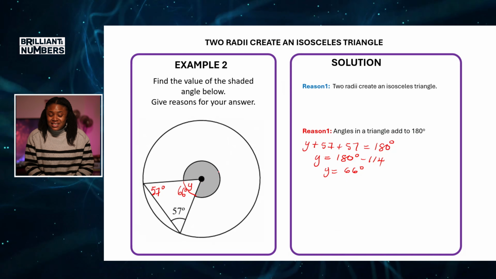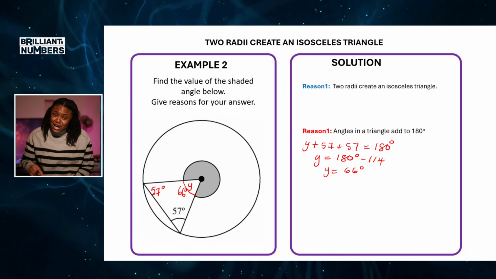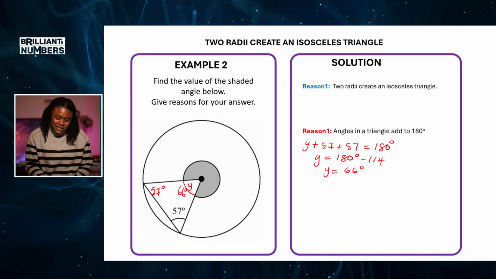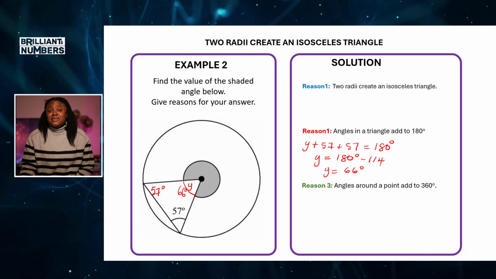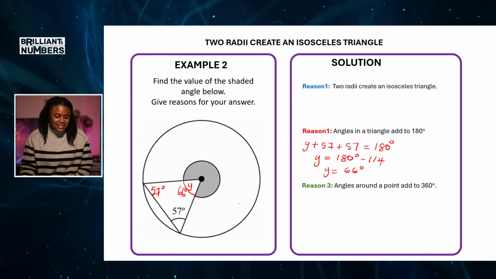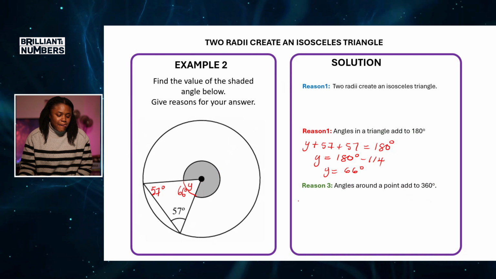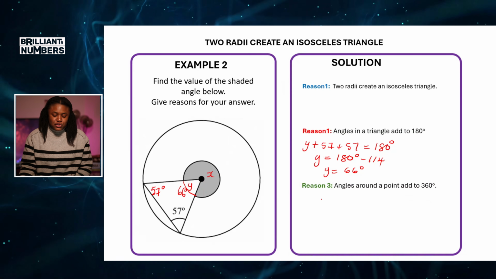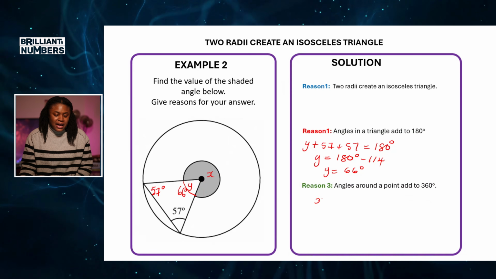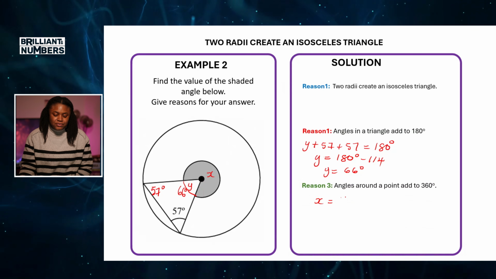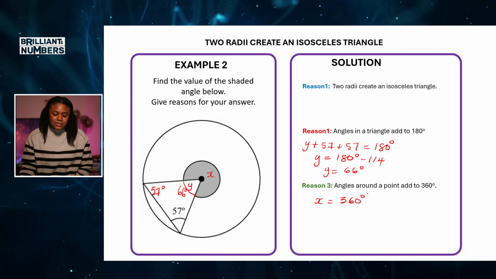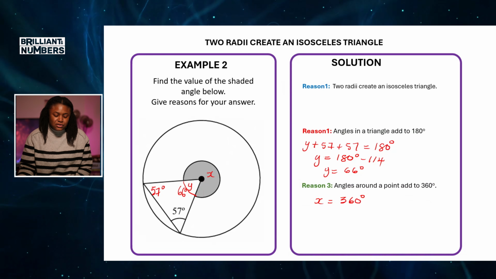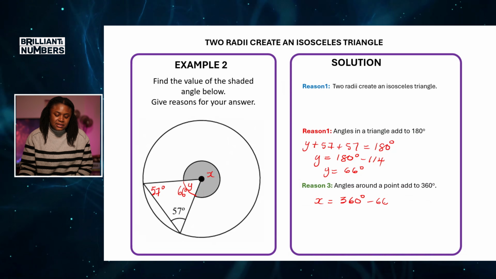Now I notice that I've got angles around a point. So I'm just going to use that reason here. Angles around a point add to 360 degrees. So the angle in question, let's just call that x since there was no name given to it. So we know that x is going to be equal to 360 degrees, which is the total around our circle, take away 66 degrees.